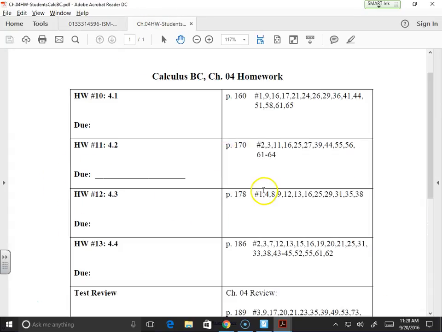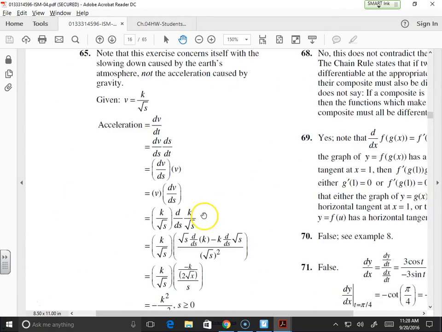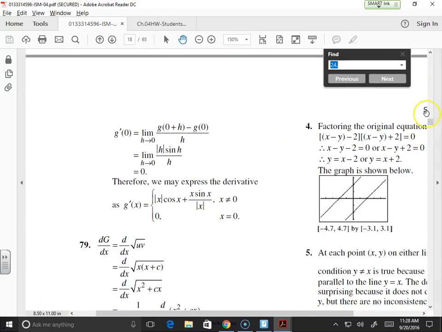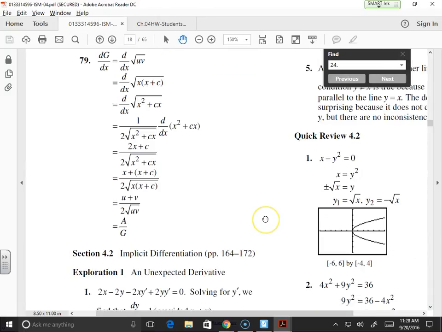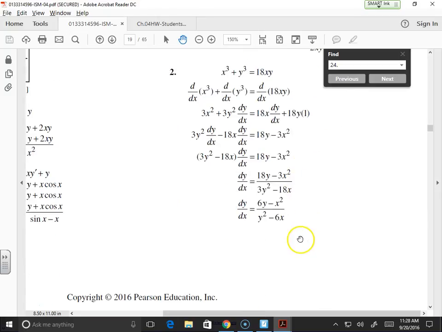We're going to section 4.2. Number 2: 6y minus x squared all over y squared minus 6x. It's an implicit derivative. Miss D, what did I do wrong?